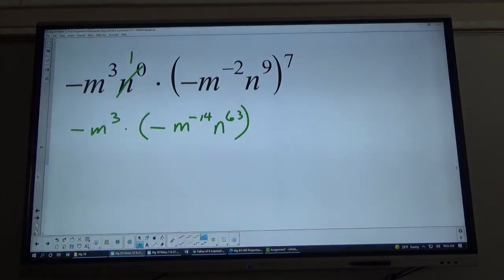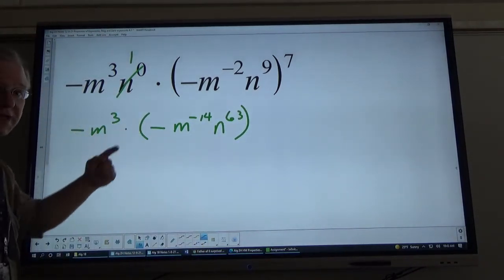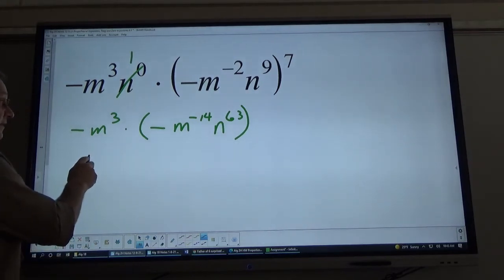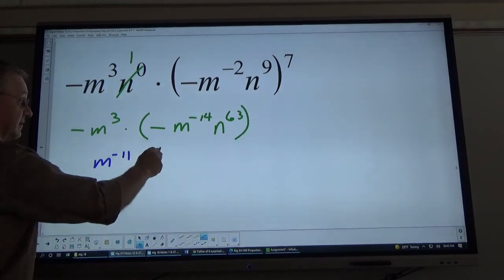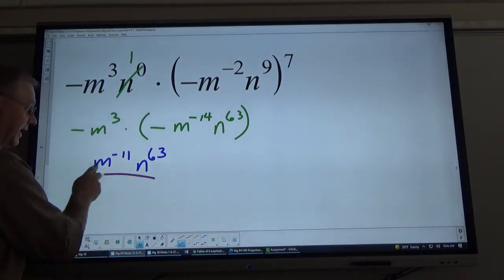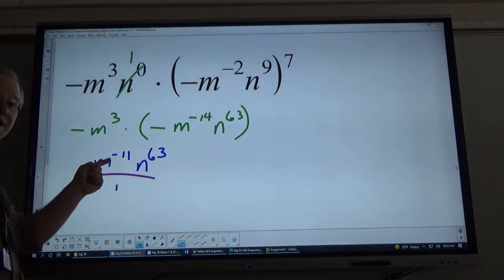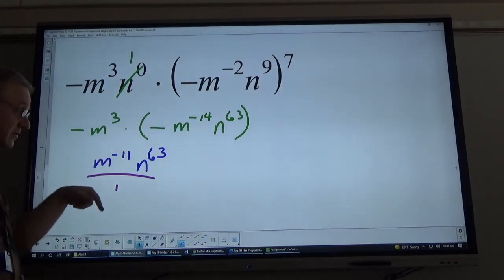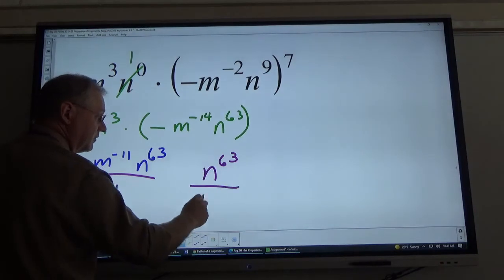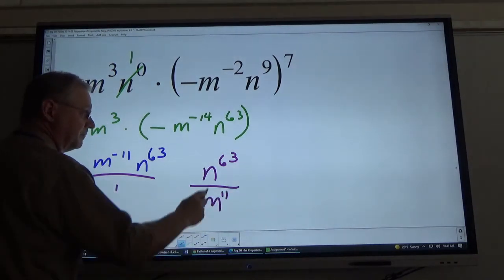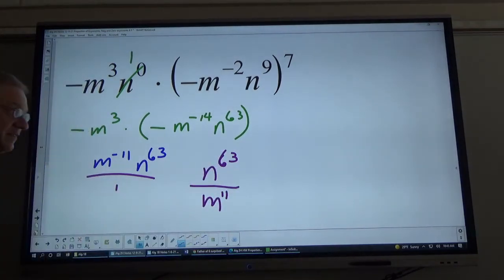And then multiply, negative times negative is positive. M to the -11, N to the 63. Now I'm going to throw that over 1 because I want that negative to be a positive exponent, so I'm going to move it down. N to the 63 over M to the 11. And there you have your final answer.